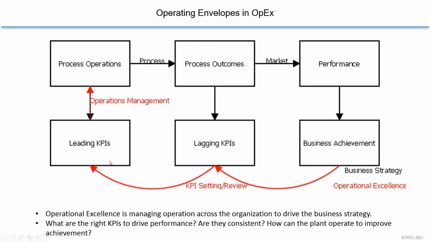And obviously, choosing those appropriately is key. So what are the right KPIs to drive it? Are they consistent? How can the plant operate to improve those is one of the areas that has typically been very difficult to see, but which we can actually look at with operating envelopes and explore and demonstrate.